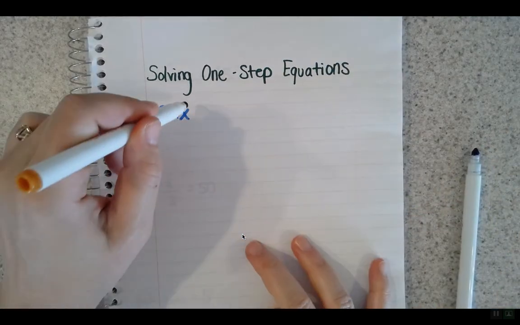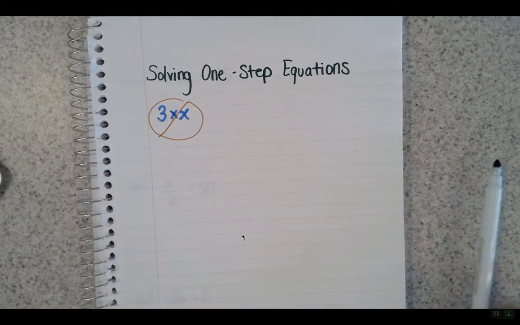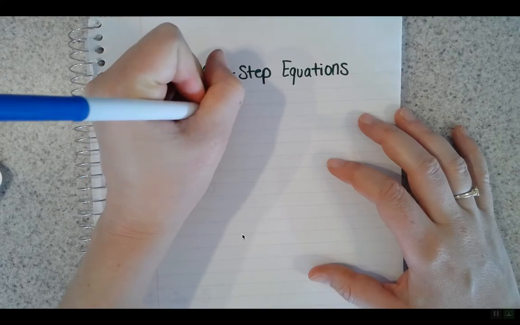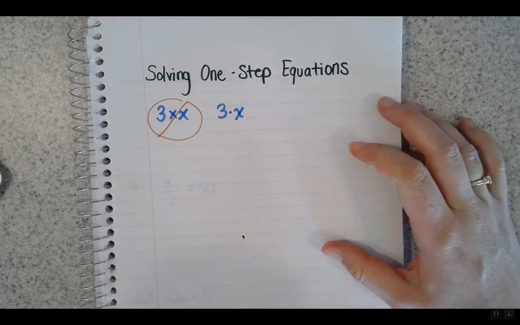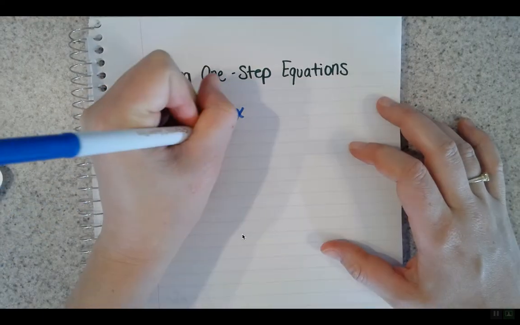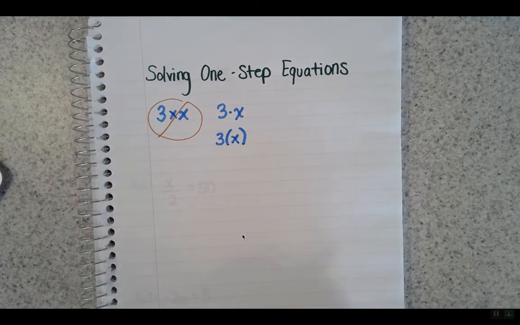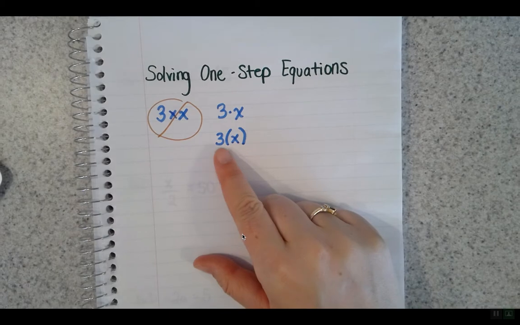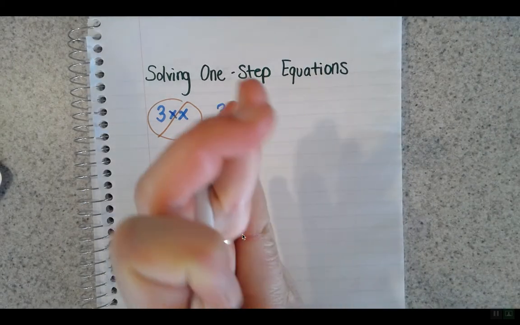A better way to write this problem, now that we're doing algebra, would be to use a multiplication dot. You'll see that used once in a while. Or to use parentheses, that's another way we could write out 3 times x. Remember, when you have a number and a parenthesis right next to each other, it does mean multiply.